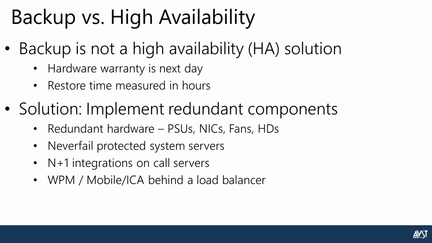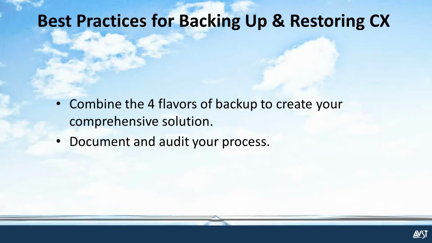Our practices here for backing up and restoring are basically to combine each flavor to create the solution you're most comfortable with, that'll fit your enterprise and mitigate the amount of risk you want to have for failure. Make sure that everything is documented and audited, what that system is supposed to do. These are basically just best practices in IT.